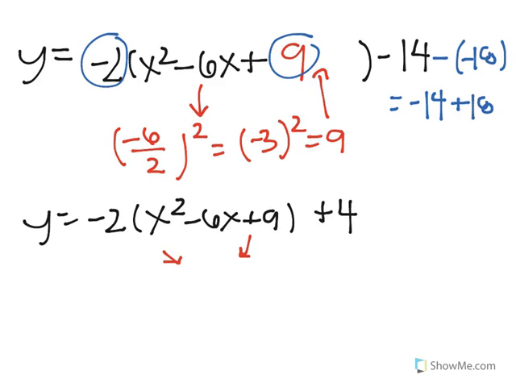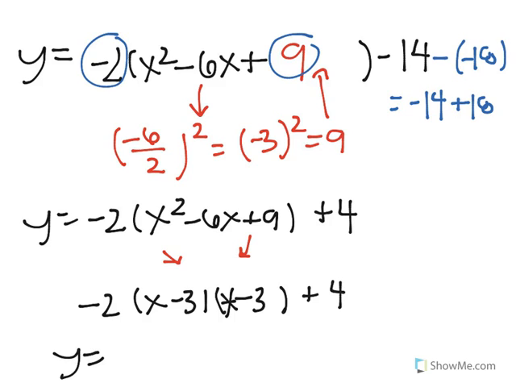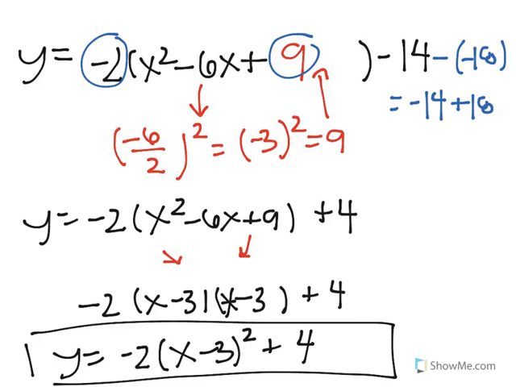So that will go out to x minus 3 times x minus 3, plus 4 on the outside, and times the negative 2. Now for the sixth step, we'll put that into vertex form. So it'll be y equals negative 2 times (x minus 3) squared plus 4. That's your answer.